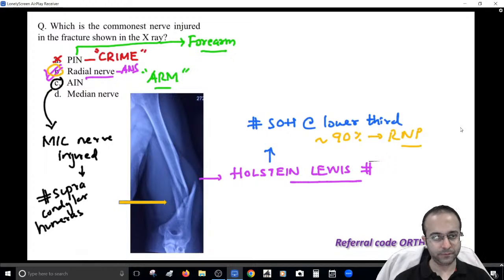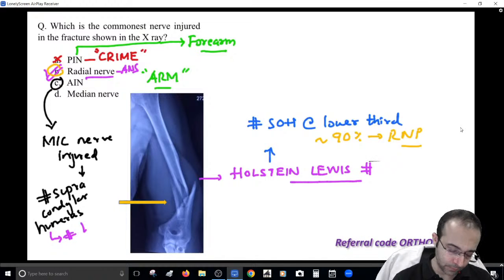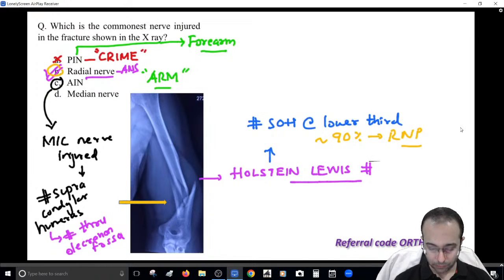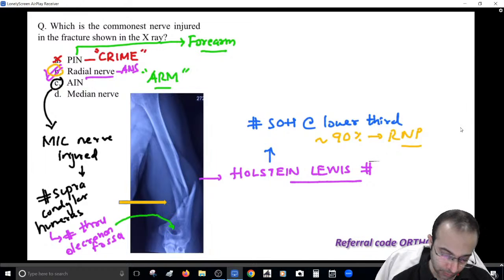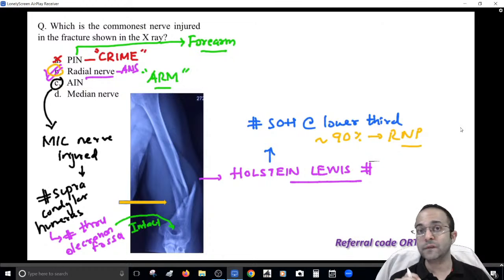Of course. But to call a fracture supracondylar humerus, the fracture line must be crossing through the olecranon fossa of the humerus. I hope you can very well see the olecranon fossa. That's totally intact, so there is nothing wrong with the fossa.